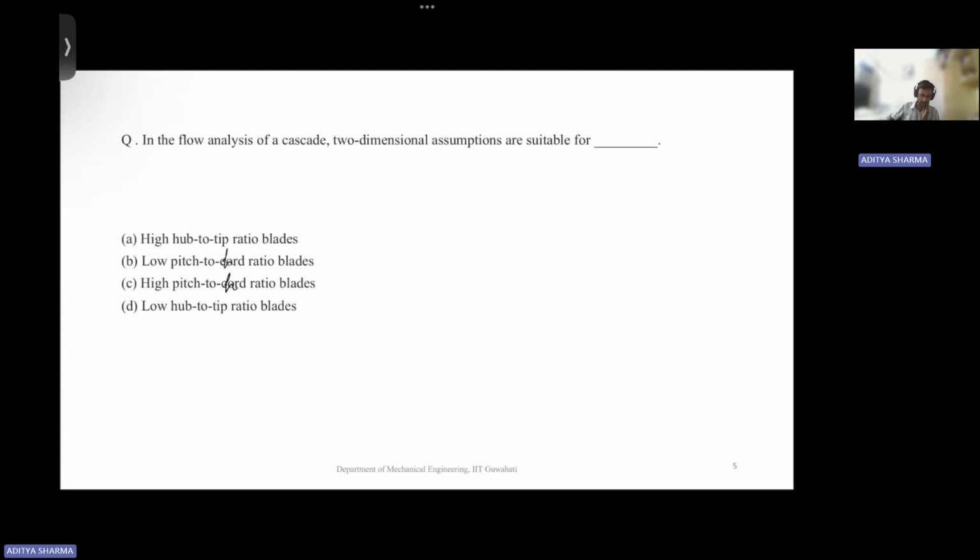It has been discussed that two-dimensional assumptions are suitable for high hub to tip ratio. So A is the correct answer to this question.